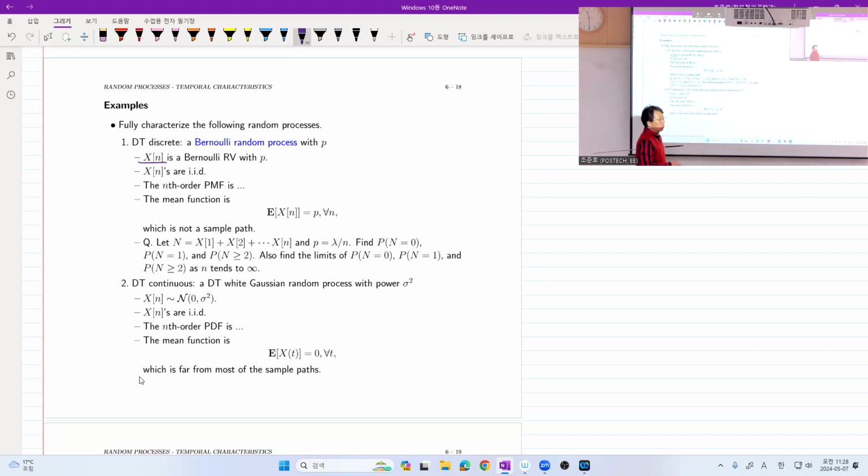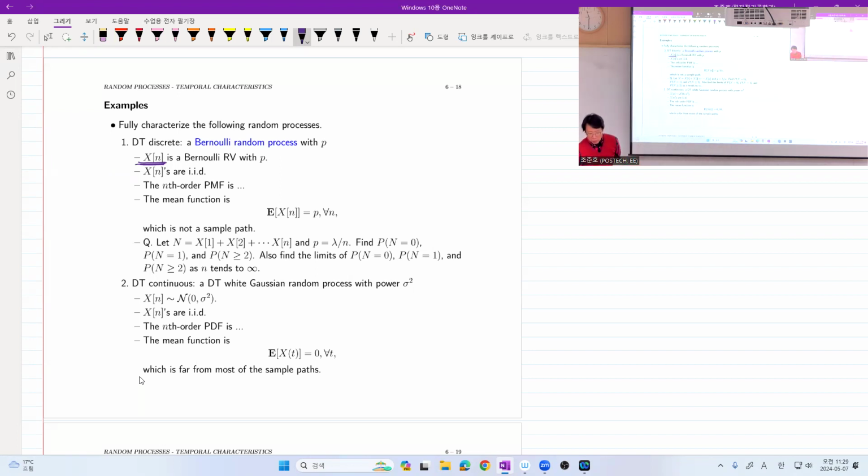The event that you observe 0 has probability 1 minus p. And in this case you have countably infinite random variables. If you say this is a Bernoulli random process with parameter p, you are assuming these countably infinite random variables are IID, independent and identically distributed.